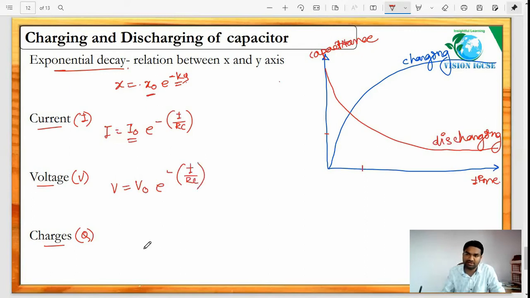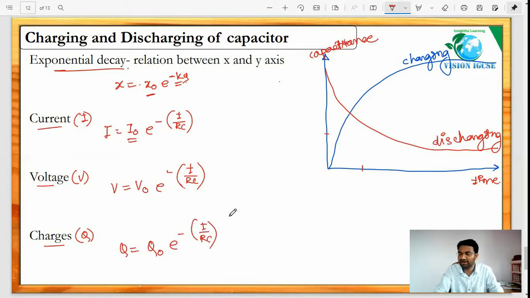Here also RC is constant, t is time, and V0 is the initial voltage. For charge, Q equal to Q0 e raised to negative t over RC, right? So these are the relations.